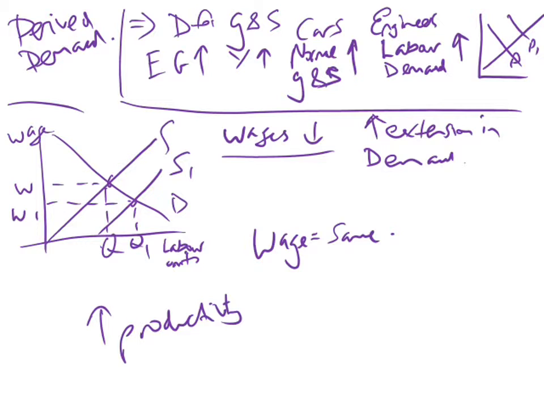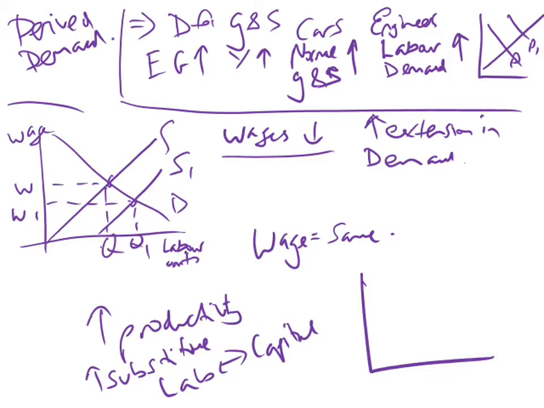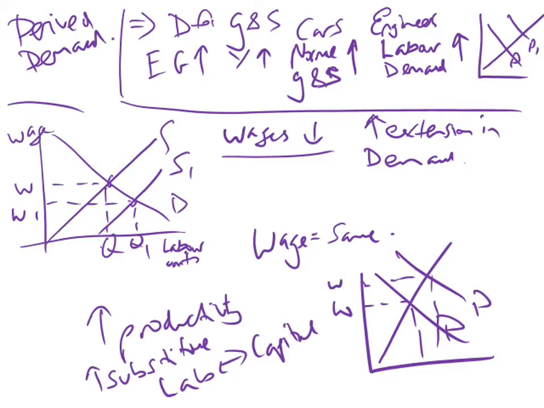What that effectively does is increase the strength of the substitution between labour and capital. And in that situation, the demand for labour would go up, because as they are more productive, the business can afford to employ more of them, and that would be another factor that would increase demand.